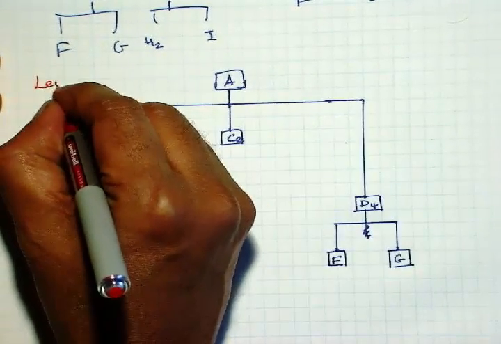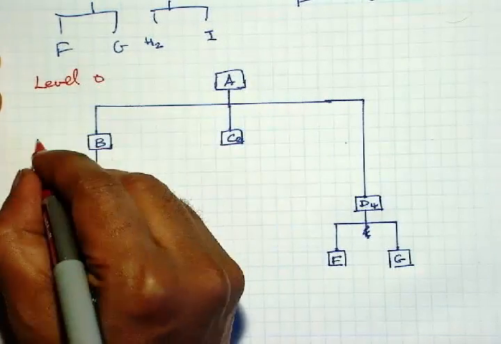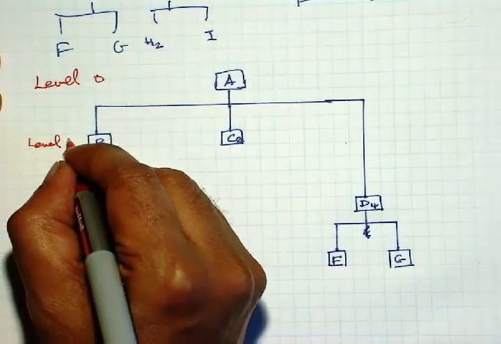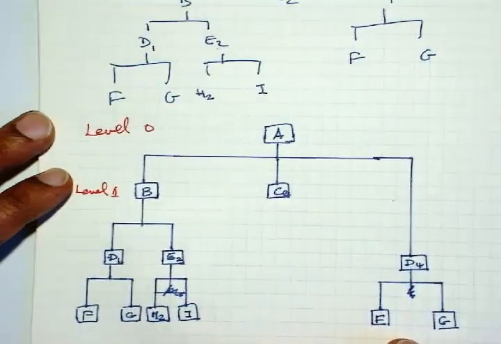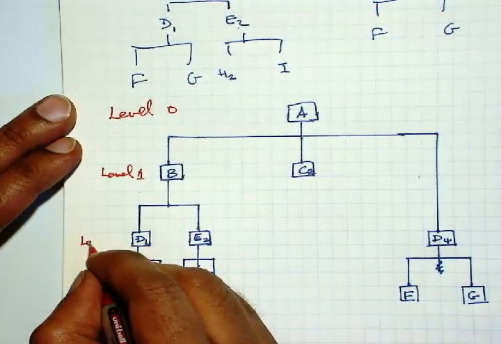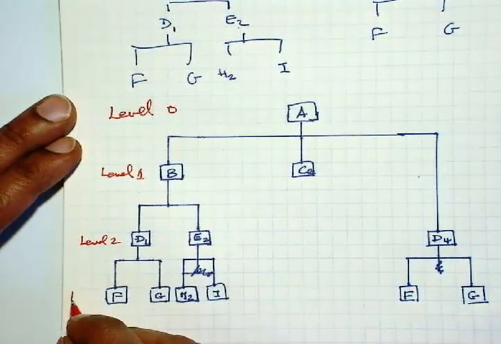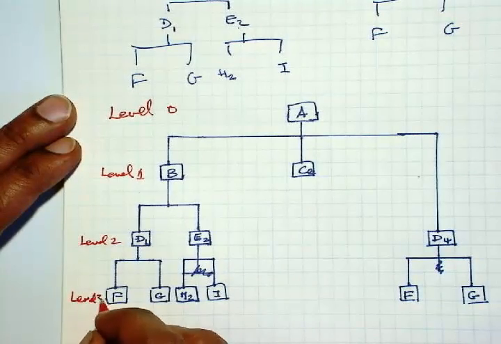So this is level 0, level 1, and then we have level 2 and level 3.